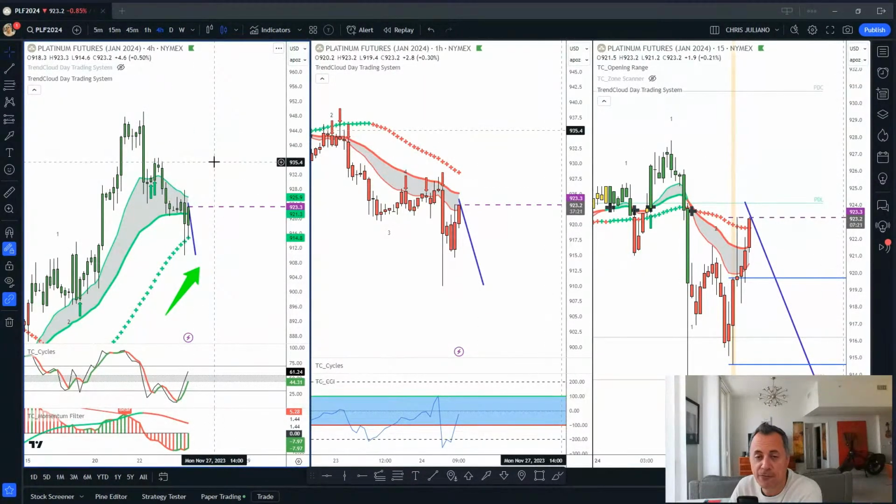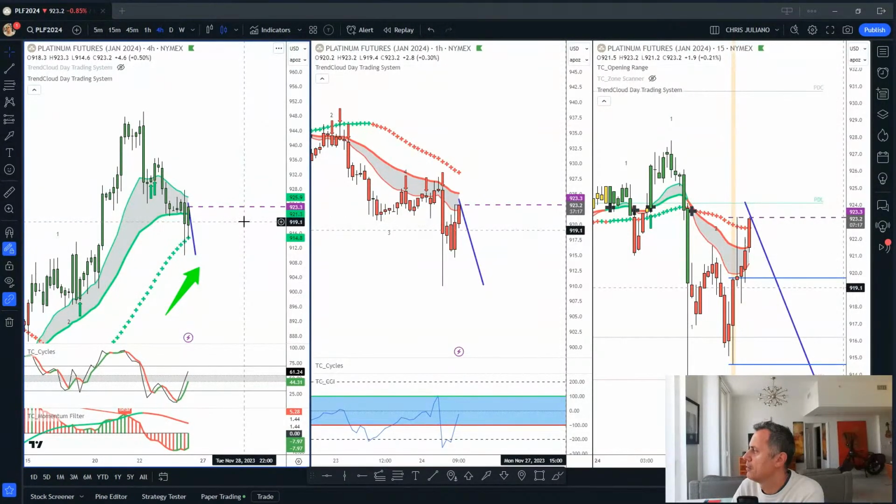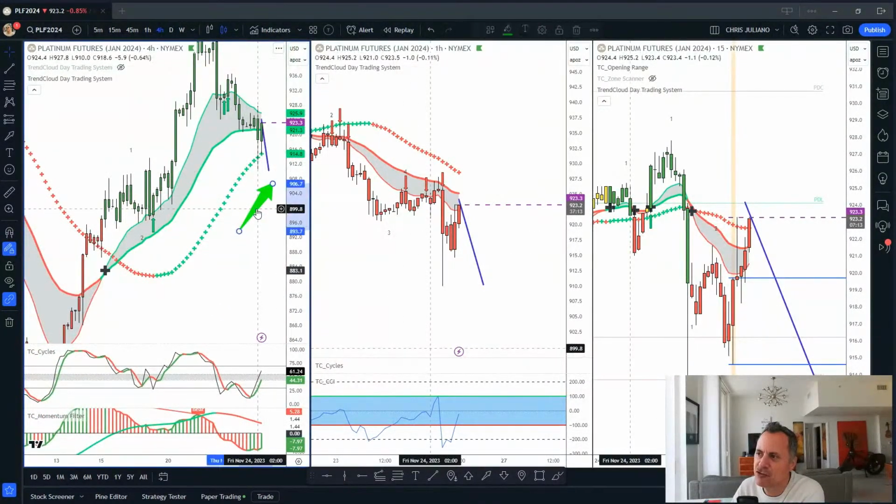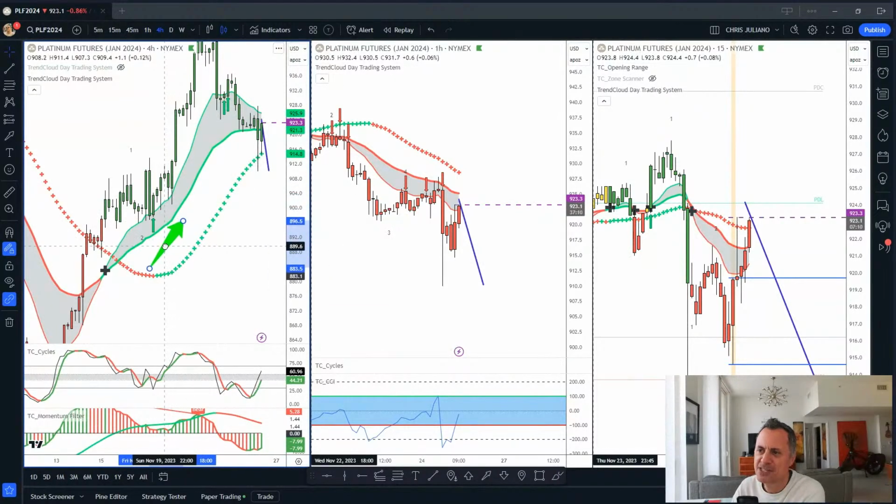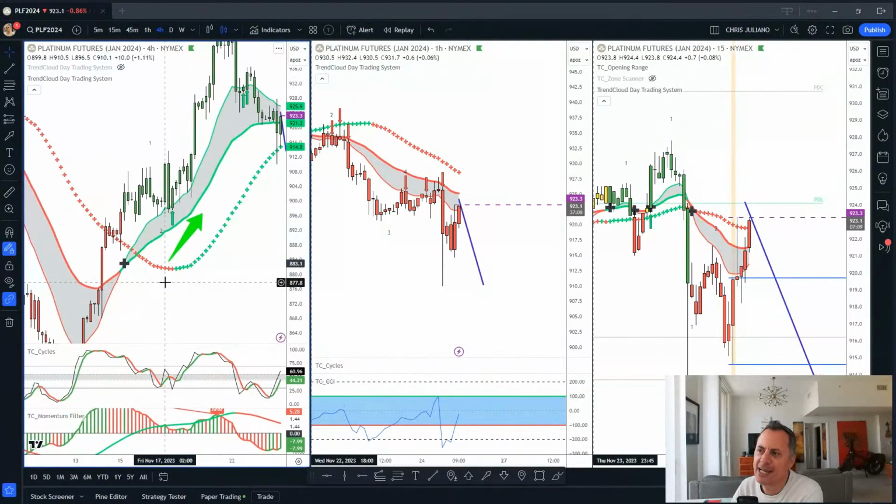Maybe it's too late for you mentally. Oh, we're at the fourth wave. We're at the fourth wave. I really only like taking trades in the context of the second wave. So I like to look for stocks and forex and crypto and futures. I like to look for instruments that have just crossed on the high time frame.